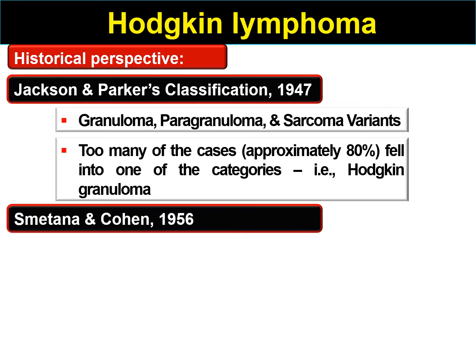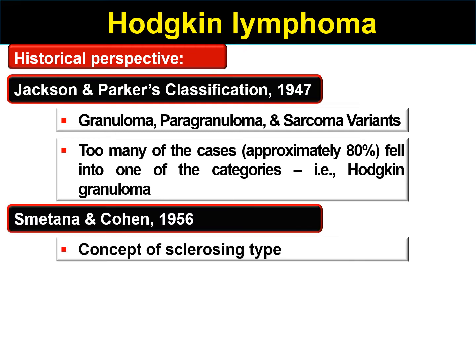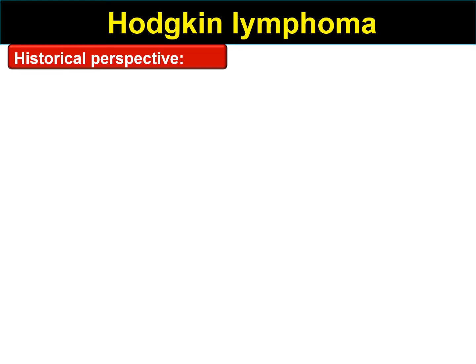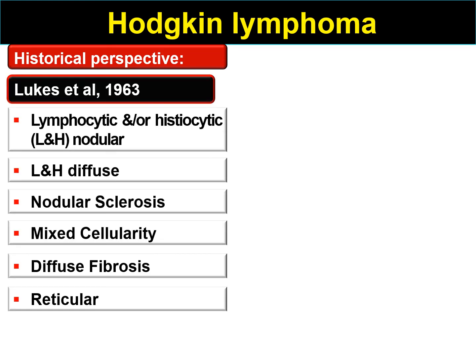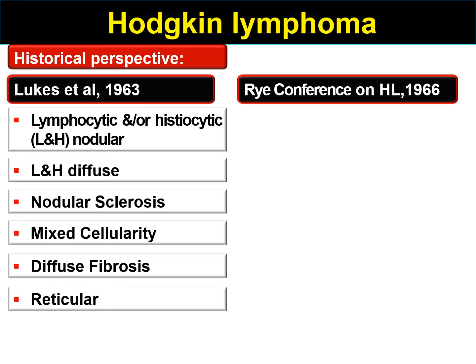Then Smetana and Cohen introduced the term sclerosing type of Hodgkin disease in 1956. Then Lukes et al. in 1963 described the six varieties of this Hodgkin disease, that are lymphocytic and histiocytic, nodular and diffuse, nodular sclerosis, mixed cellularity, diffuse fibrosis, and reticular.